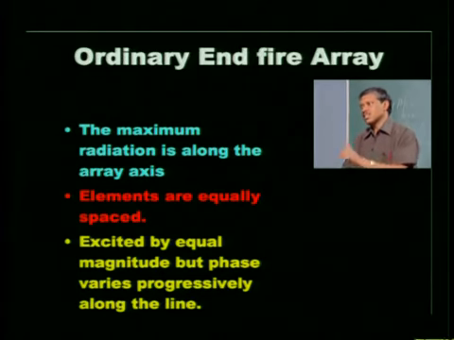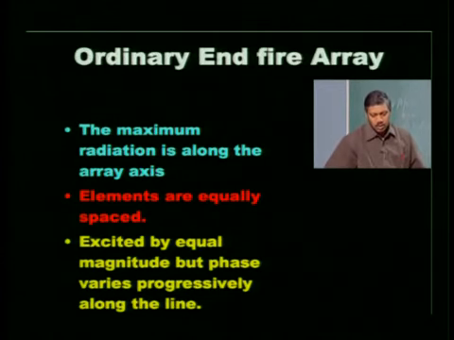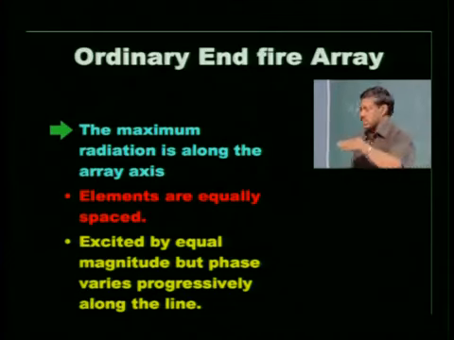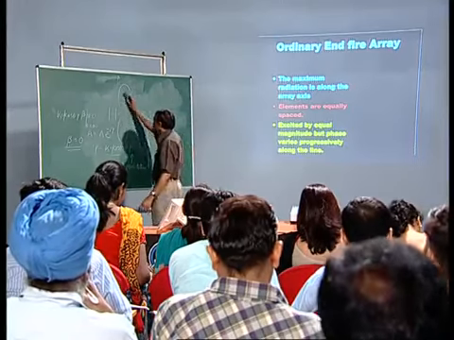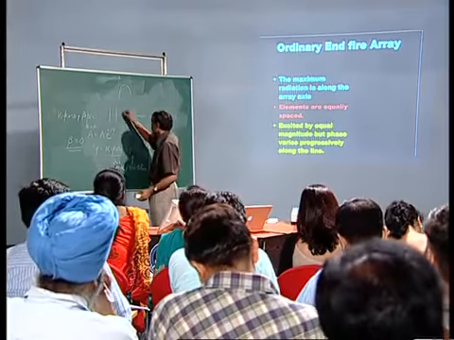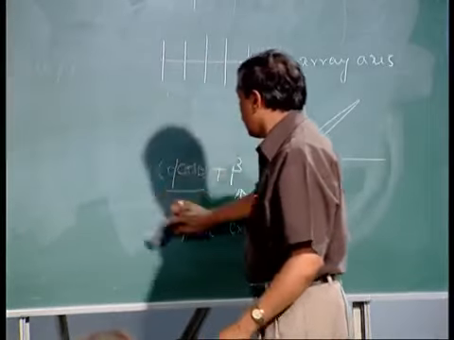The other one is called Hansen-Woodward conditions array. I will come to that situation. Here the maximum radiation is along the array axis. Like here you had a perpendicular situation, whereas in this case you will have a situation along the axis.